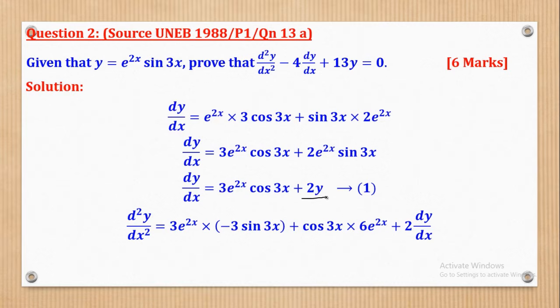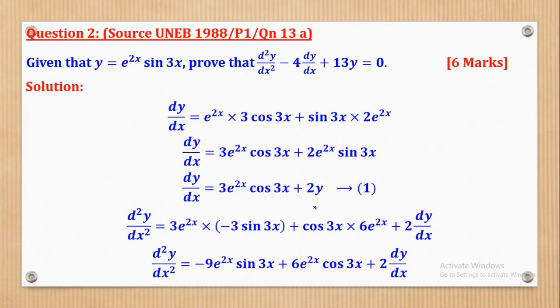Then this one, differentiating this gives you 2 dy/dx. So simplifying will give us that. So this is that, this is this, and this is that. So next we shall also realize that this one is also found here.